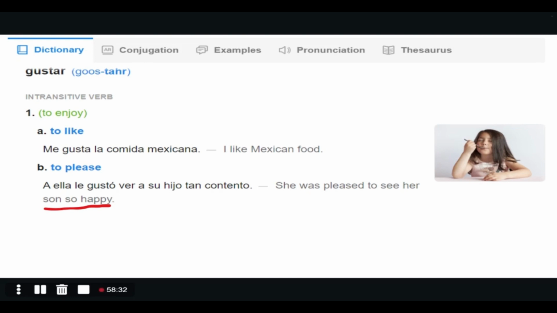So for this lesson, we're gonna work with one specific meaning of gustar that I think is very important. Gustar means to be pleasing. So this wording is, for the sake of this video, very useful in translating your sentences when you want to make a sentence with gustar.